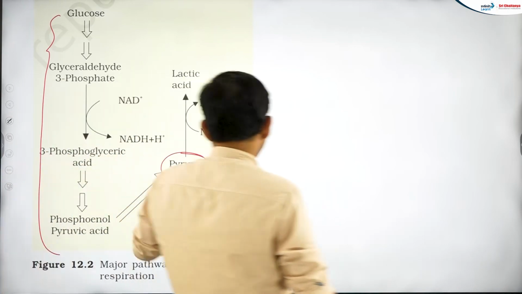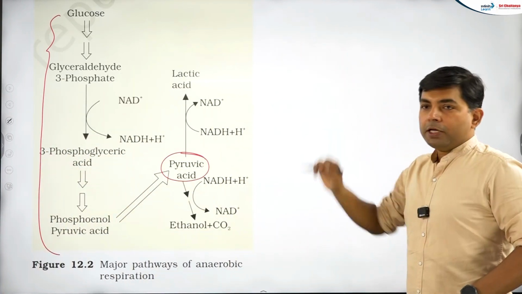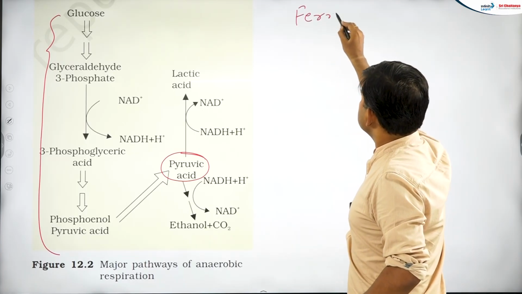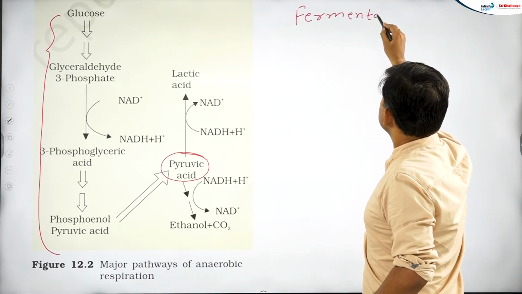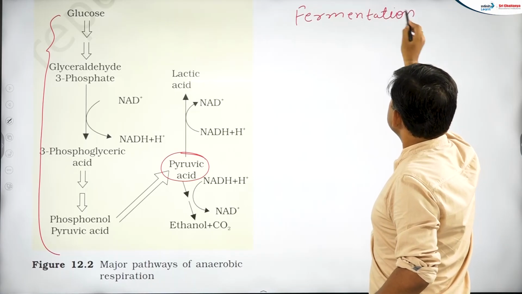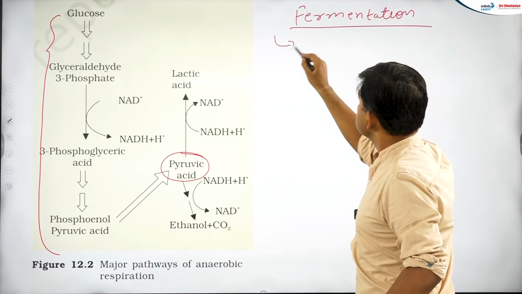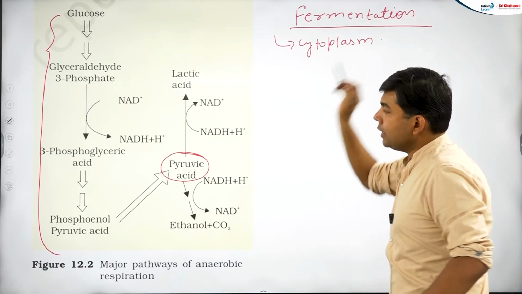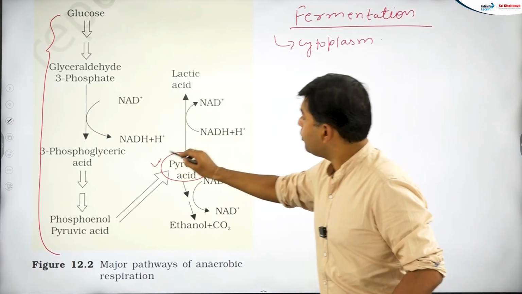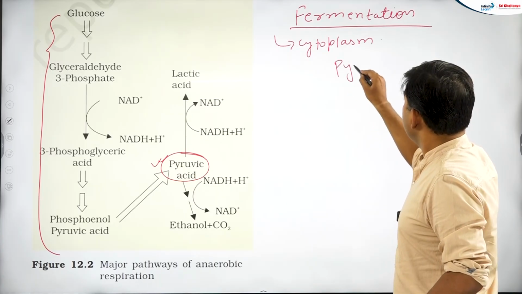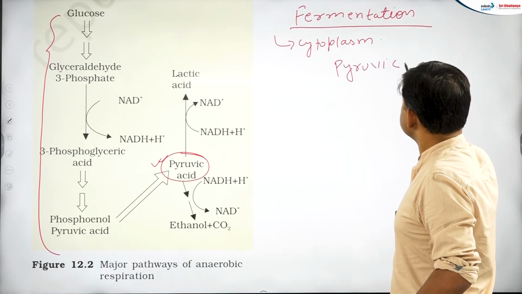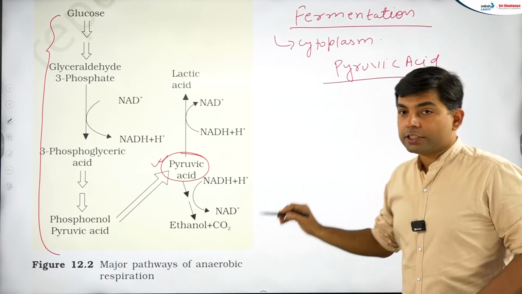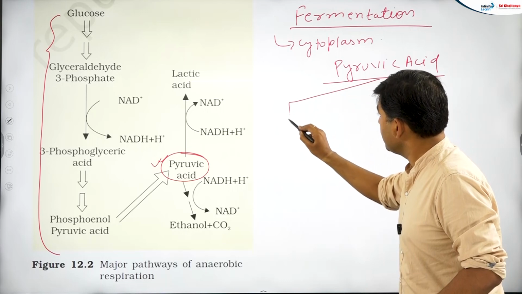Now when it follows the anaerobic pathway, that is called fermentation, which will continue to take place in the cytoplasm. And here, of course, the starting point again is pyruvic acid. Now, this pyruvic acid in fermentation can follow 2 pathways.